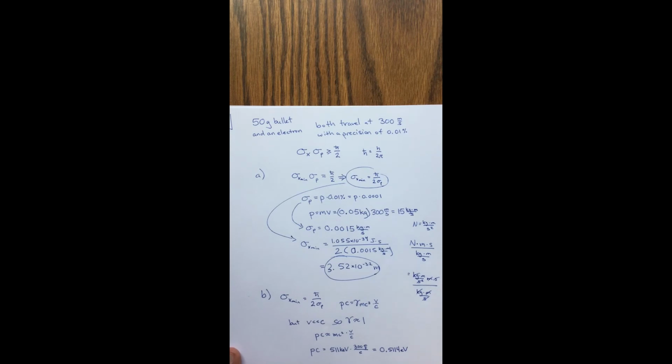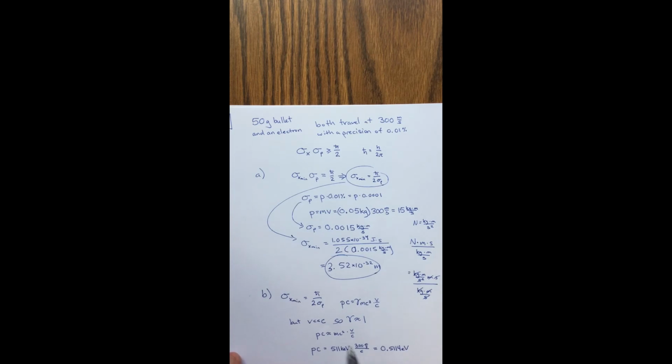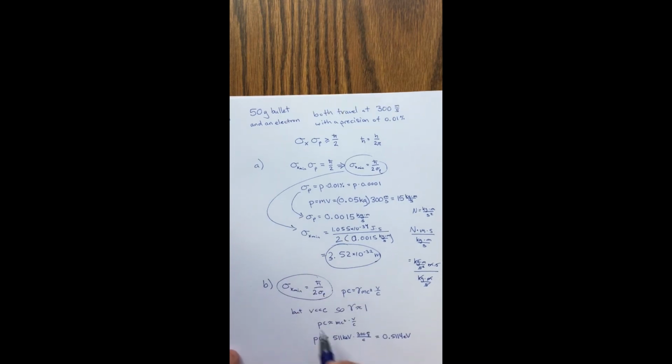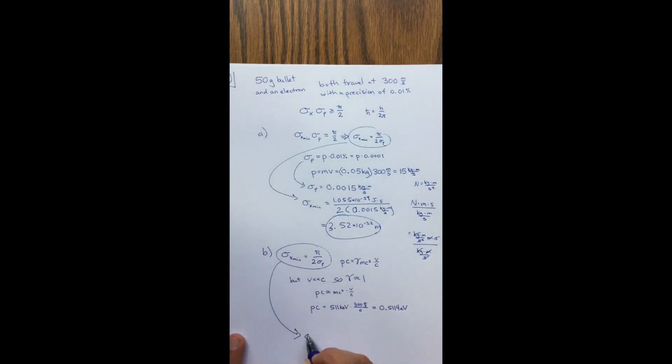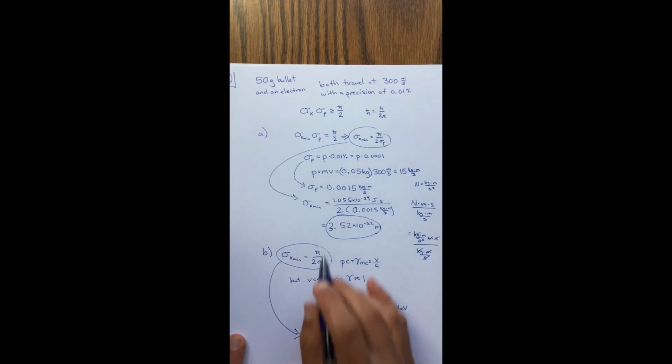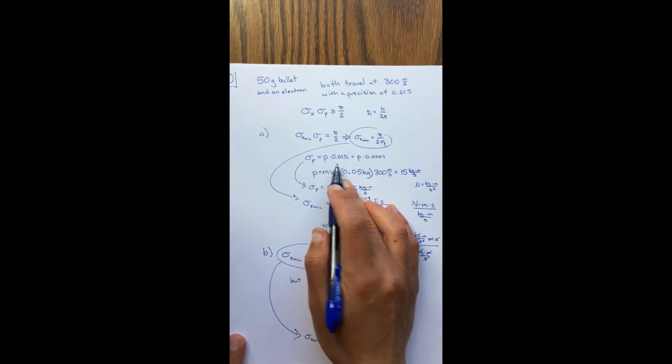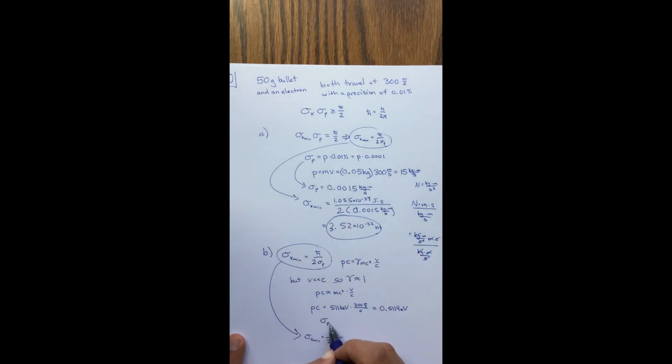Now I want to find the uncertainty in the momentum, but I have Pc here, so actually I'm going to take this equation here and multiply in the numerator and the denominator by c, so I have x-min is equal to h bar times c divided by 2 times the uncertainty in Pc. So now I can take Pc and multiply it by the 0.01% to get the uncertainty in Pc.